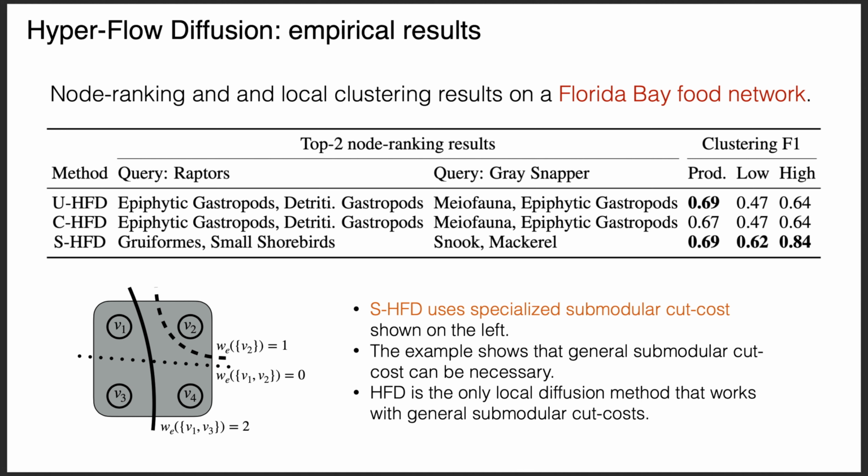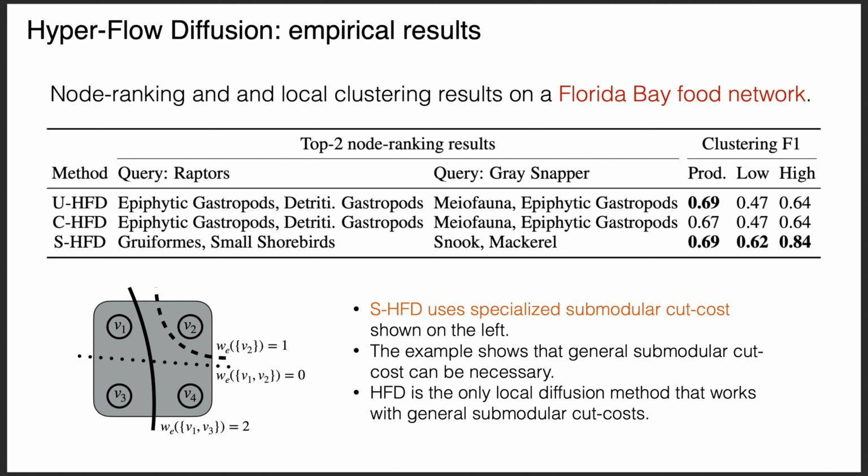Intuitively, if we search for a bird, then we want to return other birds. If we search for a fish, then we want to return other fish. Because of this, if we look at the table, evidently both unit cut cost and cardinality-based cut cost fail in this purpose. On the other hand, submodular cut cost is the only method that returns meaningful results.